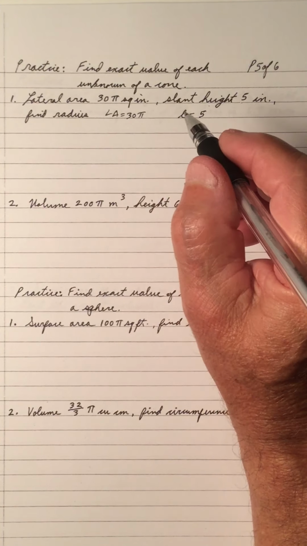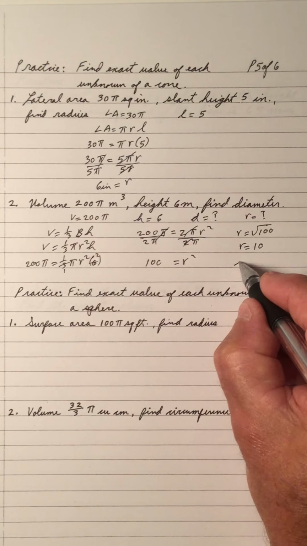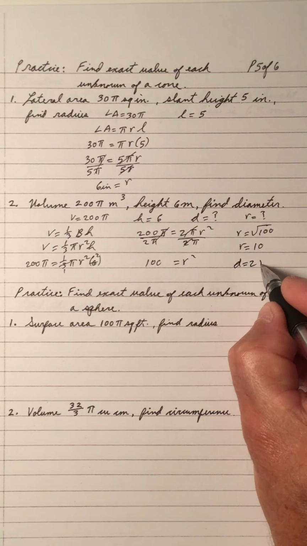We need to solve for r, so we cancel out the 2 pi by division. The 2 pi's cancel, so we get r squared. Pi's cancel, 200 divided by 2 is 100. That means that r is equal to the square root of 100. r is equal to 10. We need our diameter, so the diameter is twice the radius, so it's twice 10. So the diameter is 20 meters in length.